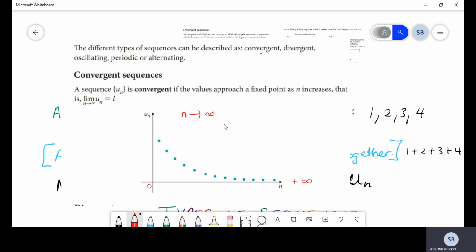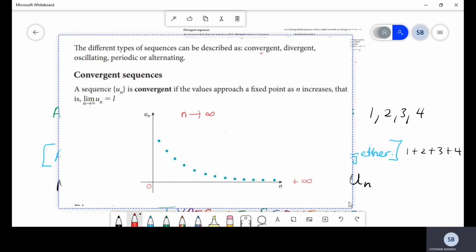Okay, but a convergent sequence is one that actually has a value. The function converges to a unique, particular value, and that value is denoted by L. It's called the limit, right? It has a limit. So that's what a convergent sequence looks like if you were to graph it.